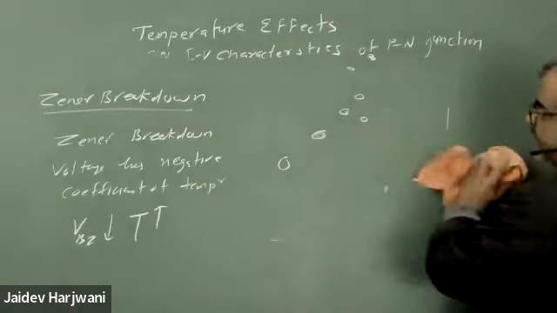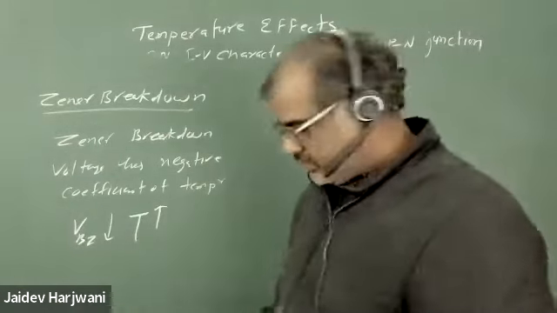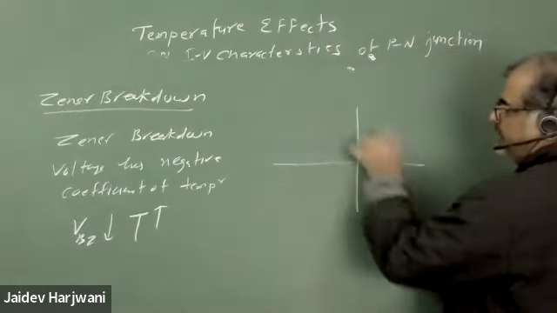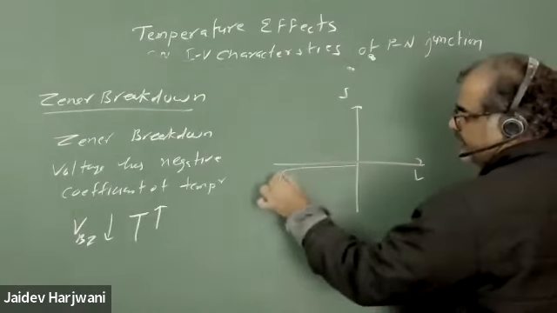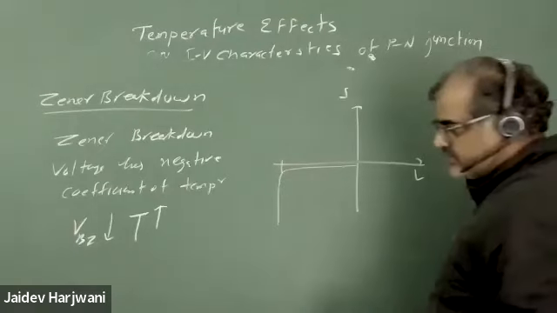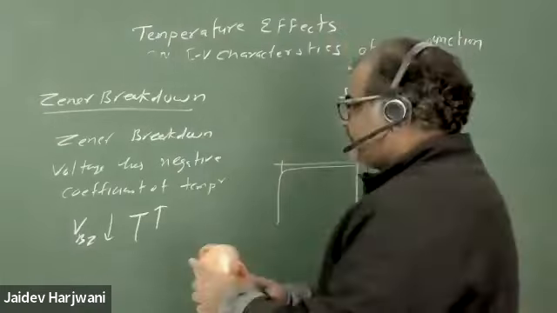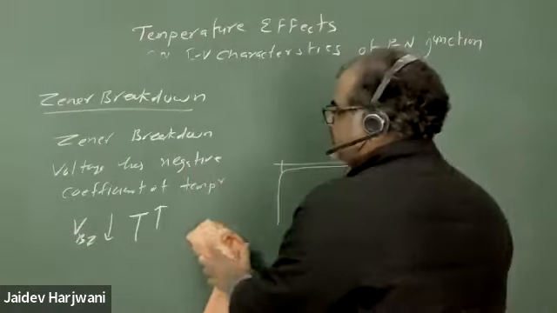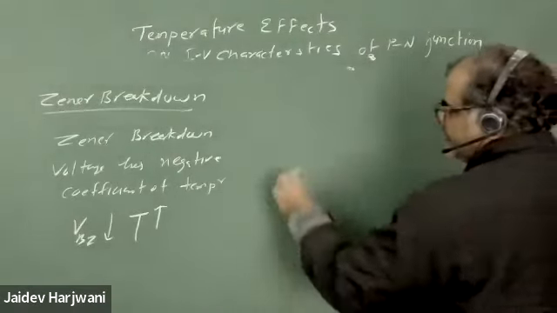Zener breakdown has a different mechanism of breakdown. For normal breakdown, the breakdown happens somewhere here, at a higher voltage. Now, in the case of Zener breakdown, you have a PN junction with very high doping.